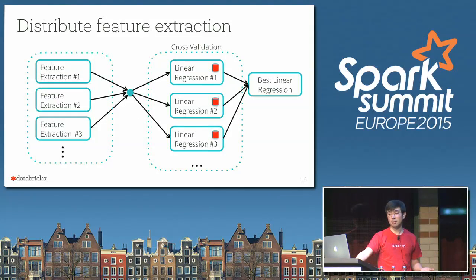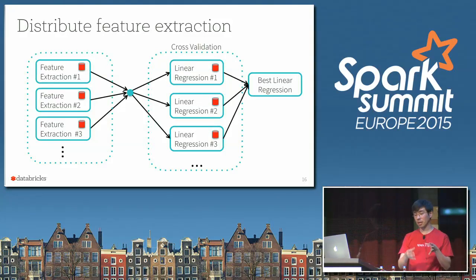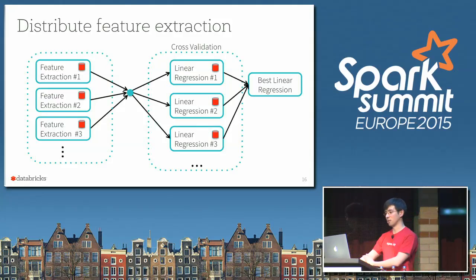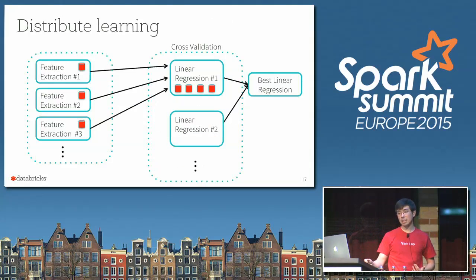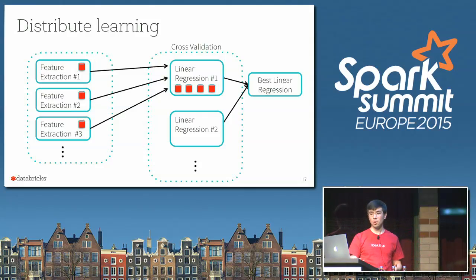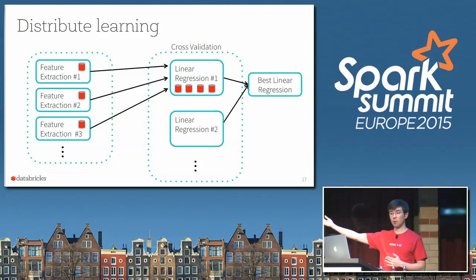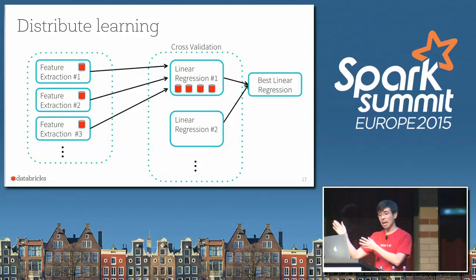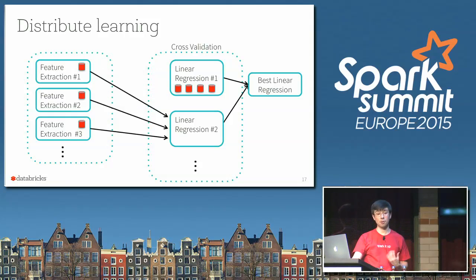If then we had a bottleneck in, say, featurization, we showed how we could distribute it using Spark and then keep our existing cross-validation workflow in scikit-learn. And then finally, we moved completely over to Spark, where we distributed both featurization and the training of each of these linear regression models.